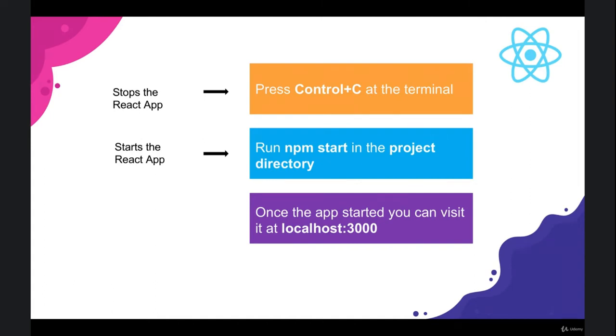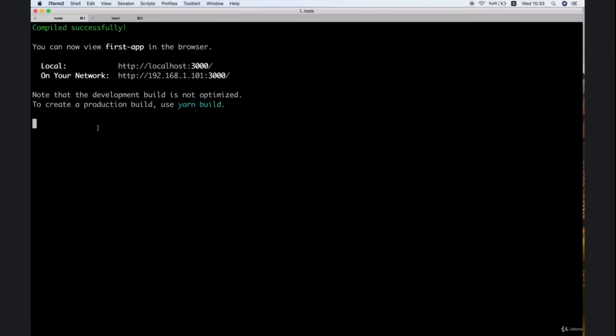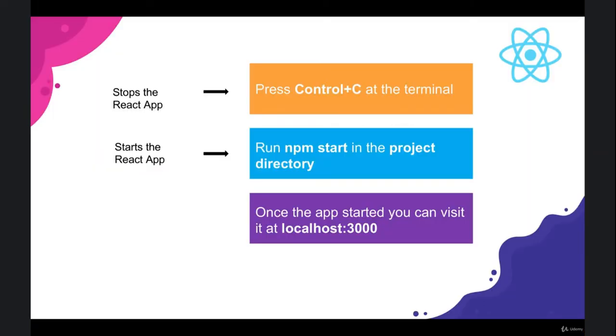So in fact, let's try that out now so that I can go back over into my terminal, and I'll see where my React application is running, and then I'll hit Control-C to stop it. Just like so. So if I ever need to start it up again in the future, I'll just run npm start in my project directory.